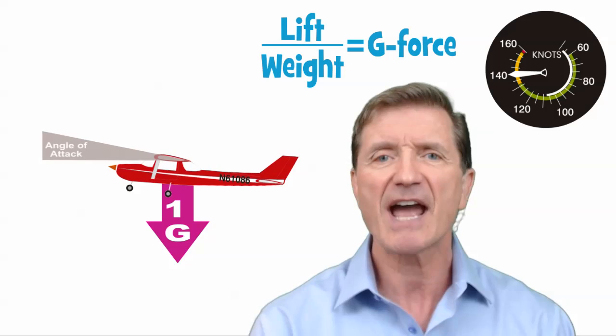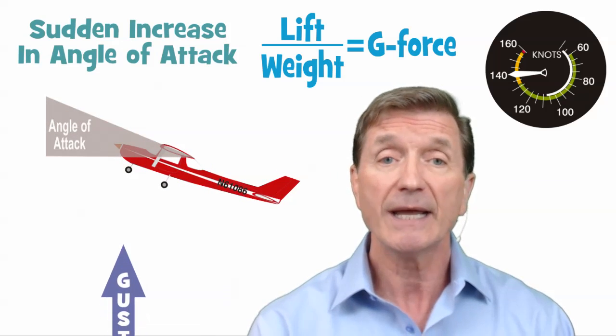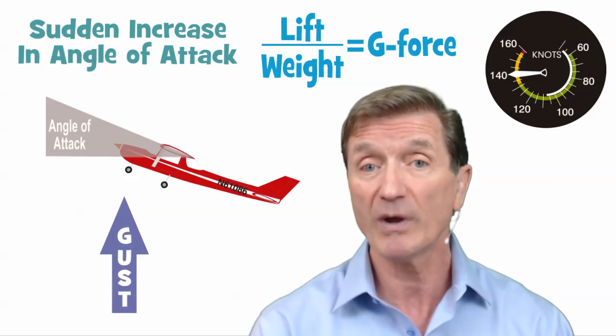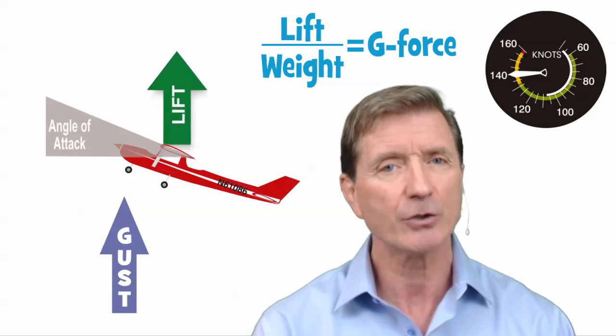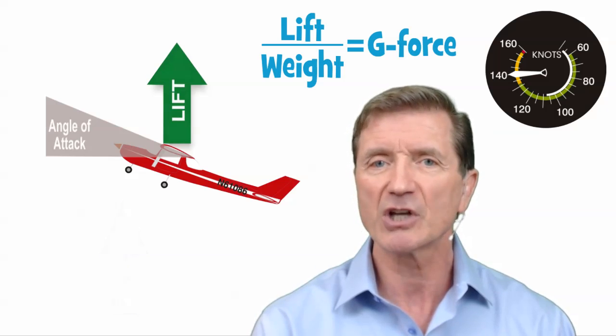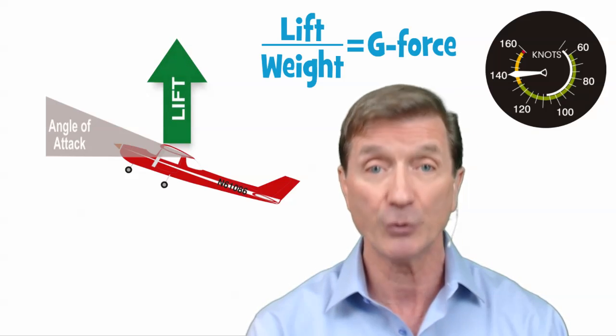If the angle of attack suddenly increased by pulling back on the elevator control or encountering a strong vertical gust of wind, for example, the wings would produce an instantaneous increase in lift. The airplane would accelerate upward, and you, my friend, would be forced downward in your seat.